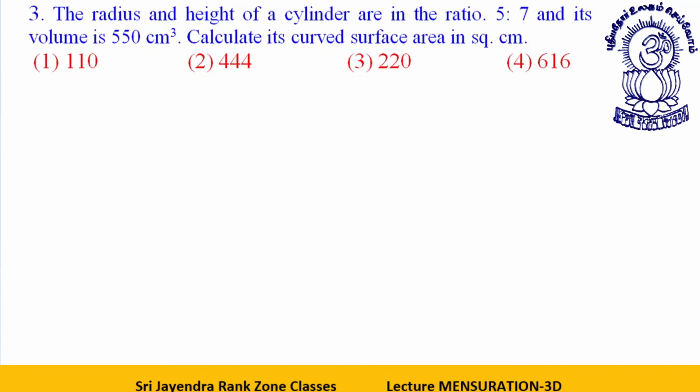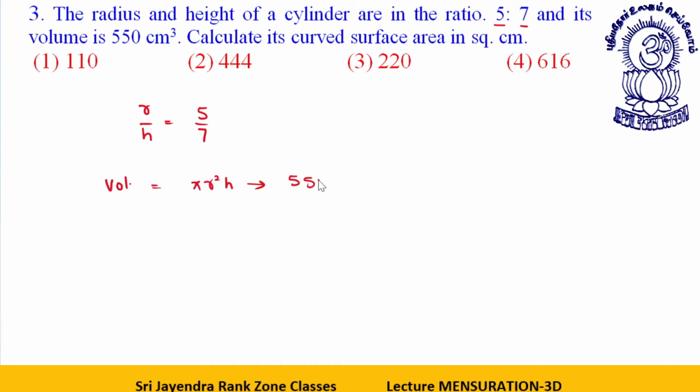The radius and height of a cylinder are in the ratio 5 is to 7. R by H is 5 by 7. Let's see. And its volume is 550. What is the volume? Volume is pi R square H. This is given to you as 550.